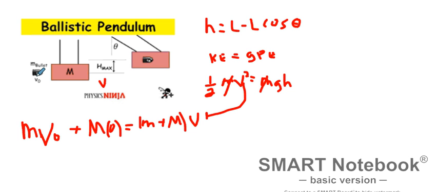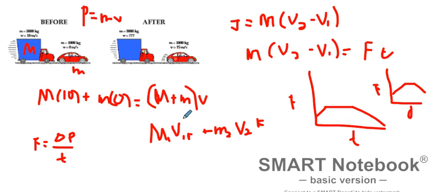Now let's talk again about the differences between these two. This is an inelastic collision, and we know kinetic energy is not conserved. That's by definition what an inelastic collision is. An elastic collision is one where kinetic energy is conserved. So in this second case, when I have an elastic collision and the right side of the equation has two objects moving afterwards, I will have two unknown variables.